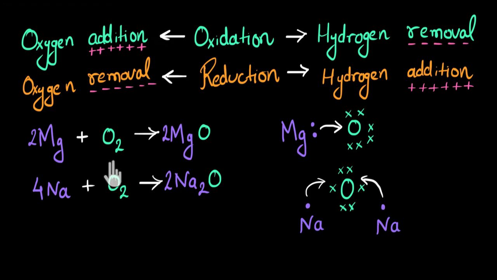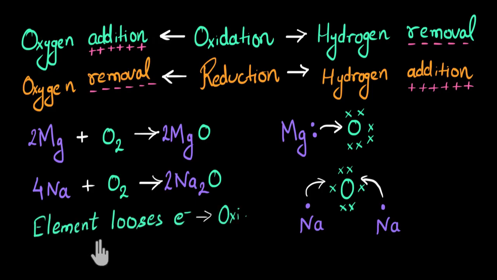This helped us upgrade our definition of oxidation. We no longer depend on oxygen. As long as in a reaction an element is losing electrons, that element is going through oxidation. It could be because of oxygen, hydrogen, sulfur, nitrogen, or any other compound. As long as it loses electrons, we will call it oxidation.